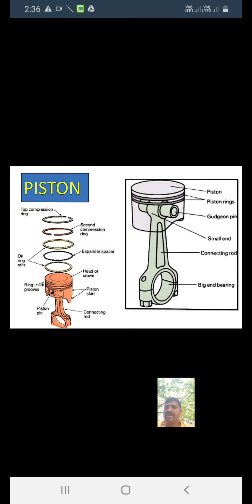Then we want to see what type of material is used to make the piston, or what the properties of the piston material are. Piston material should have high strength so as to withstand the high gas pressure and inertia force.